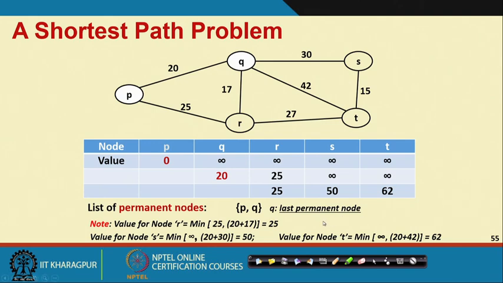Now, from Q again we can compute R, because Q has a path with R, with S and T. So that means our second stage is over. Now we have come to the third stage.